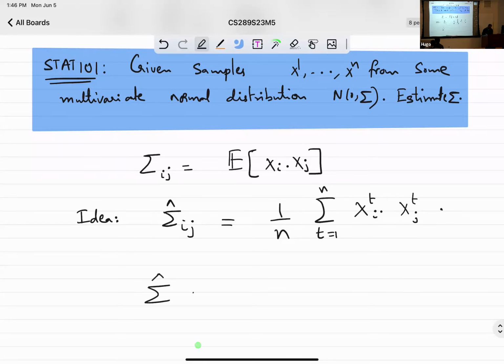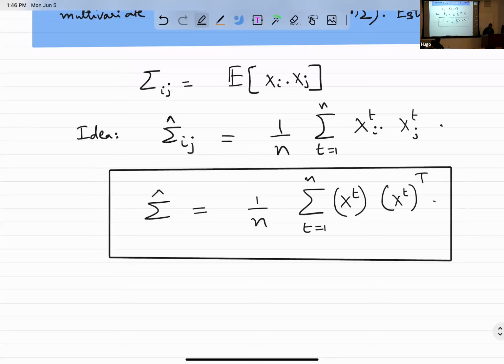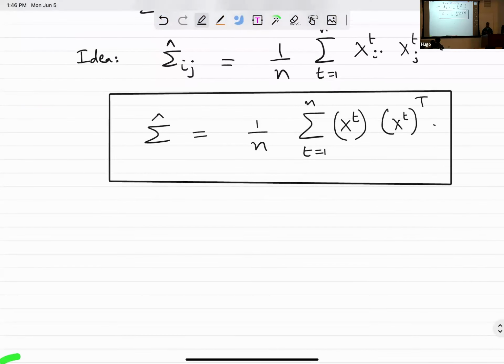The formula is you estimate it as the average of x x transpose: if I take the vector and multiply it with its transpose, each time I get a matrix, and you just average these. Okay. So this is the most basic estimate for the covariance matrix. This is called the sample covariance matrix. It's a standard thing that you do in any sort of centering procedure and so on.